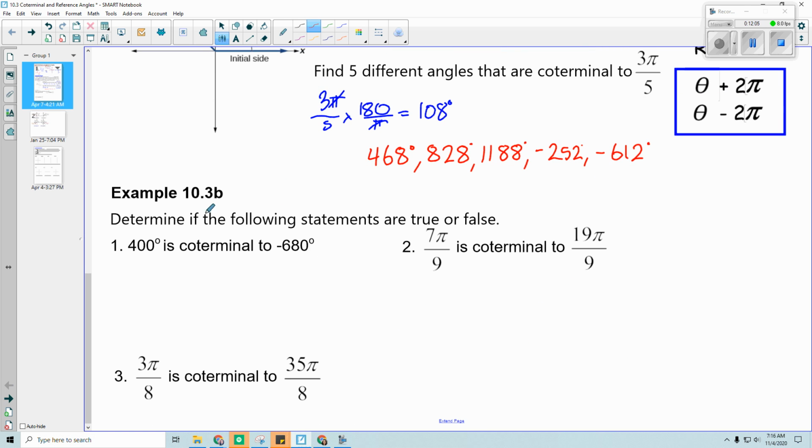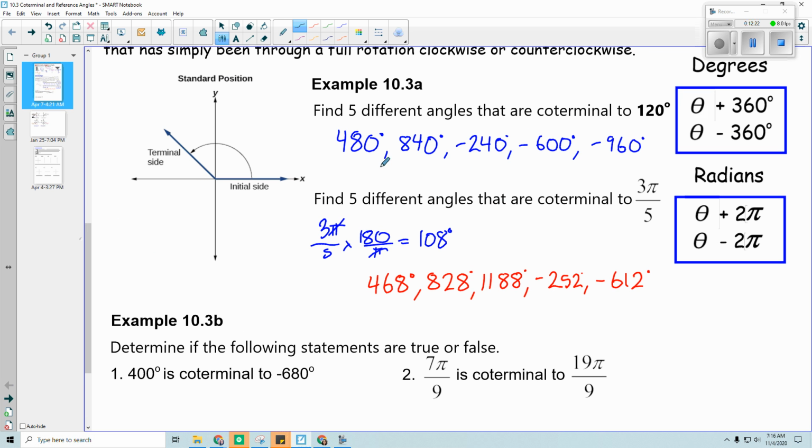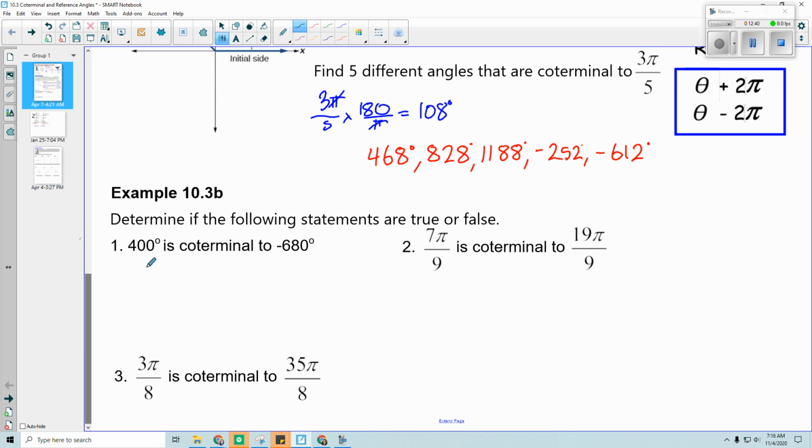All right, so for the next couple examples, we're just going to look at two angles and determine whether they are coterminal to each other or not. So let's say we have 400 degrees and negative 680. What we should be able to do is just add 360 or subtract 360 to get from either 400 to negative 680 or the other way around. I just have to be able to add or subtract to get to this next number if they're coterminal.